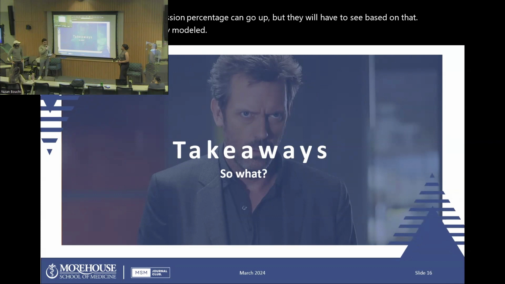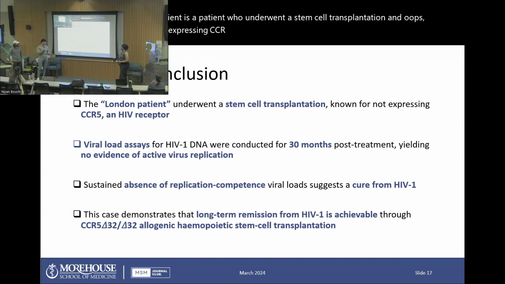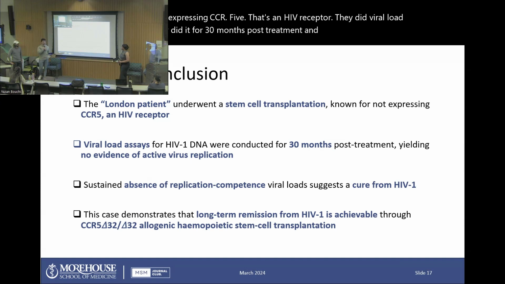So what are the takeaways? To start, the London patient underwent a stem cell transplantation, and the stem cells are known for not expressing CCR5, an HIV receptor. They did viral load assays for HIV-1 for 30 months post-treatment, and they yielded no evidence of active viral replication.